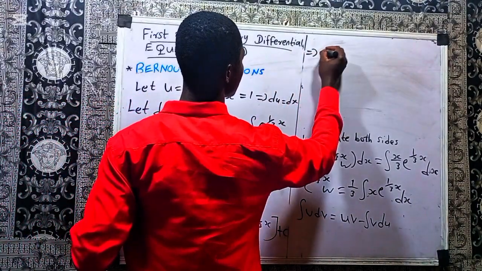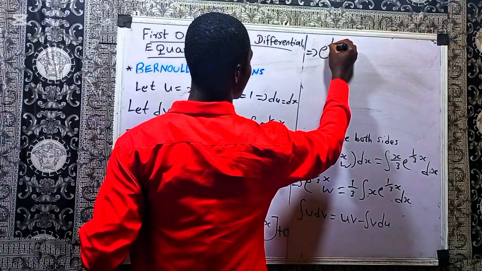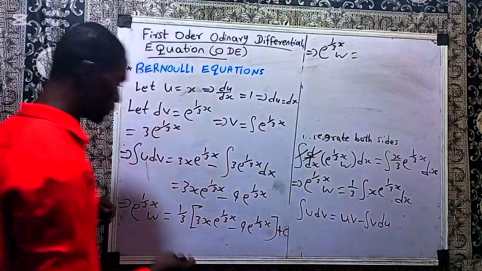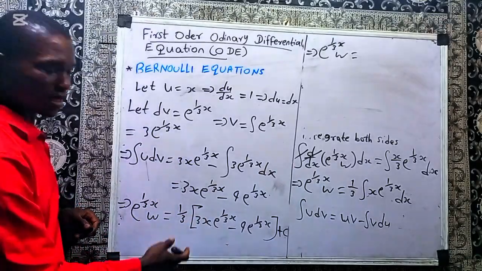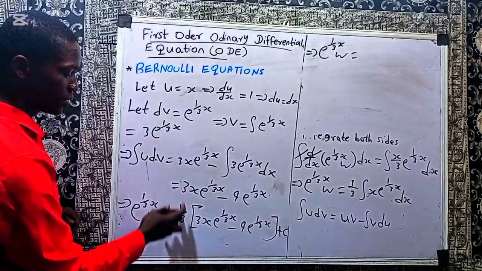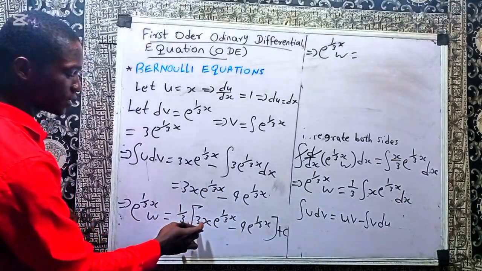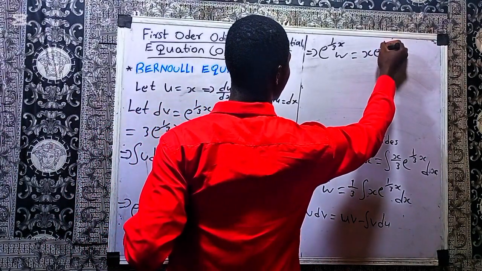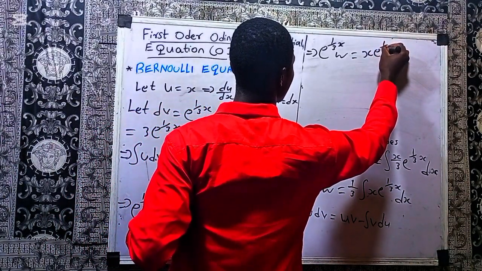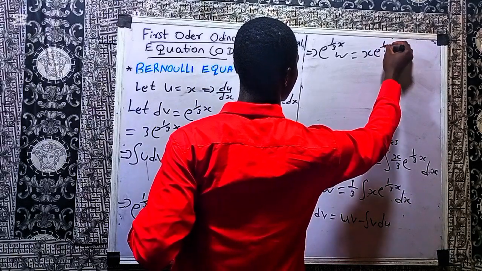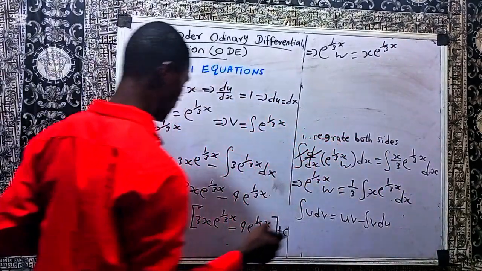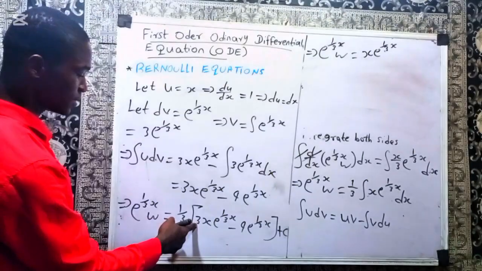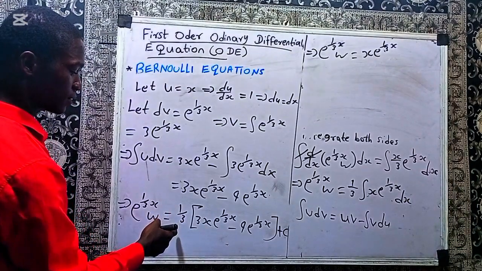So this implies exponential 1 over 3x w is equal to, multiply this bracket by this 1 over 3 outside. If you multiply the first term by 1 over 3, what will you get? You have x exponential 1 over 3x, because 1 over 3 will cancel 3 and 3 will get cancelled, right?